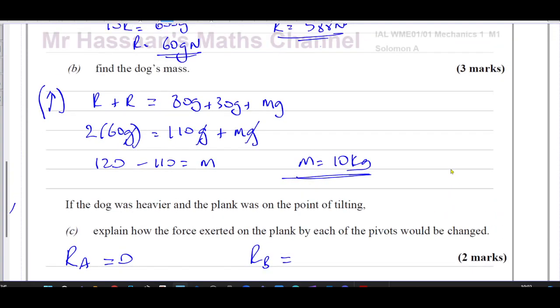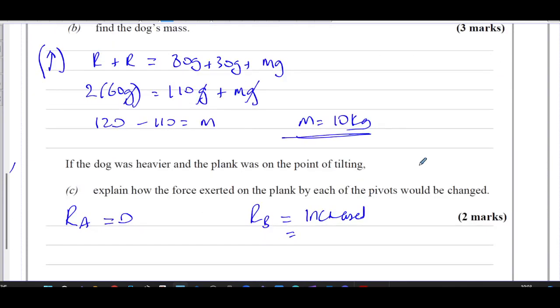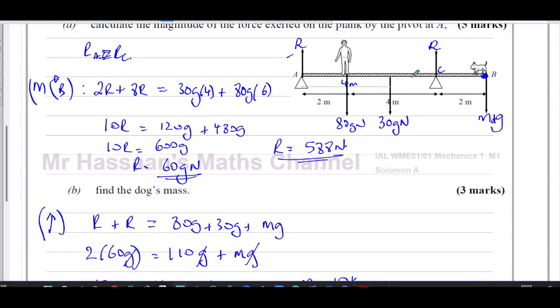So RB would be increased, and it will be equal to the total weight of everything else. So it will be equal to 80g plus 30g plus 10g.